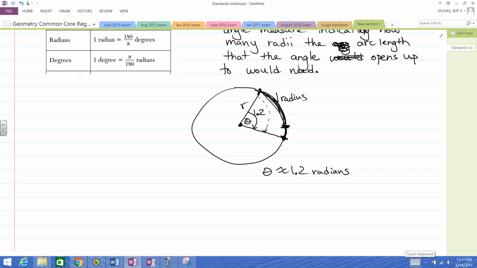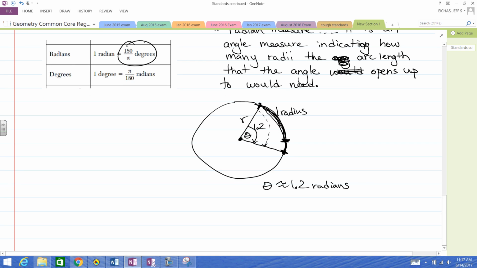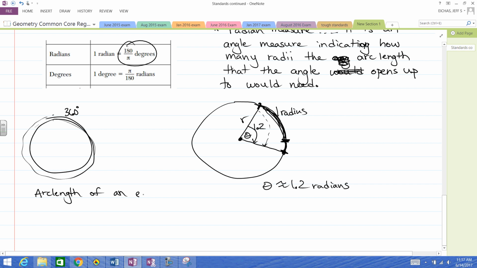So how is the constant of proportionality 180 over pi? And that's what's strange about this. Here's what we say. An entire circle, what we're used to, measures 360 degrees. Now, if we go around the entire circle, think arc length, right? The arc length of an entire circle is its circumference.